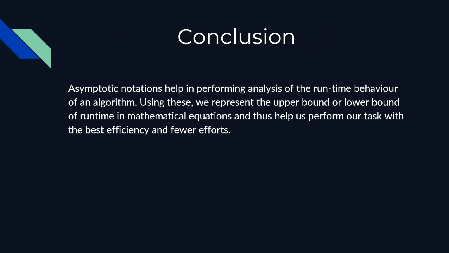So here we conclude that asymptotic notation helps in performing analysis of the runtime behavior of an algorithm. Using this, we represent the upper bound or lower bound of runtime in a mathematical equation, and thus it helps us perform our task with the best efficiency and fewer efforts.